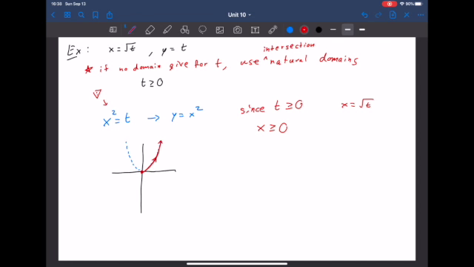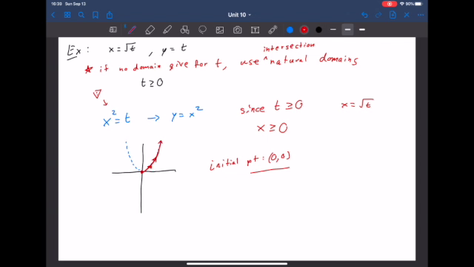And again, we have an orientation, which you should show with arrows. I will still say that the initial point is 0, 0. So one more time, we know the t has to be greater than 0. I can find the initial point, and then again, I'm kind of deriving the orientation from that.